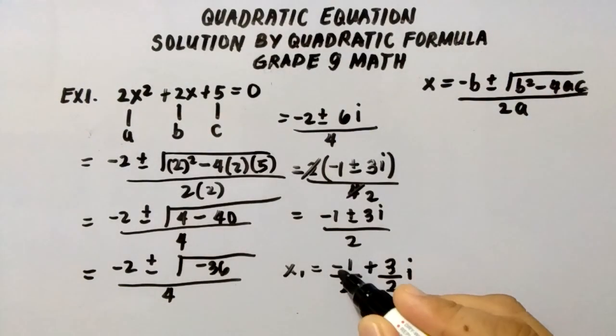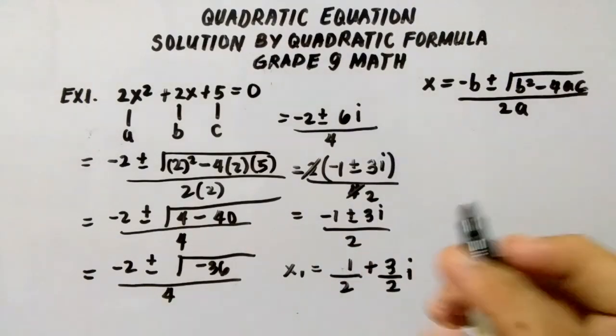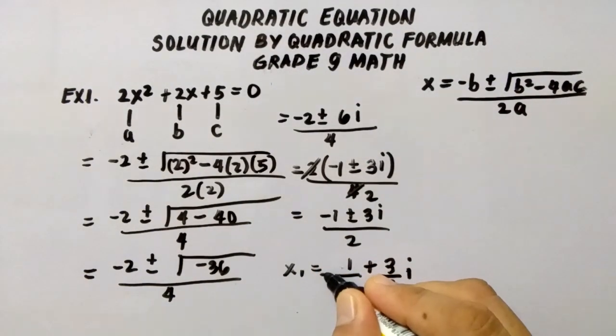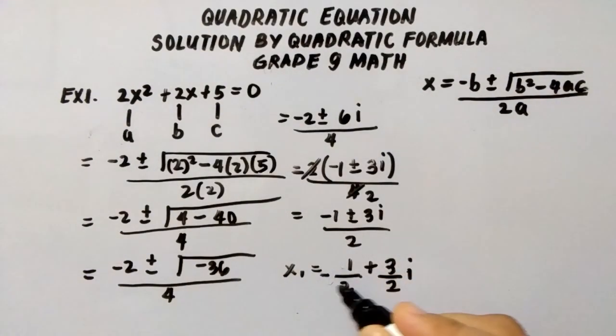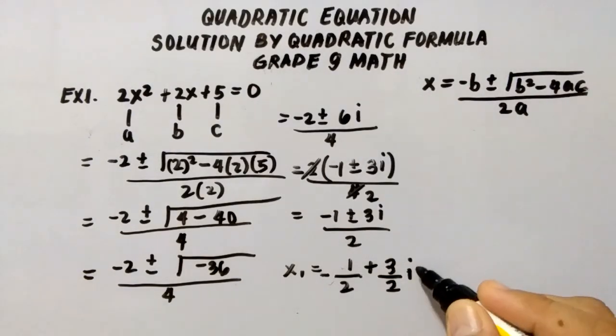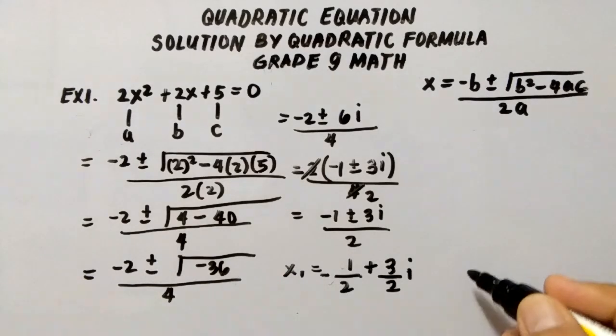So, ito pong negative sa taas ng 1, ilalagay po natin yan sa gitna. So, dito po. Okay. So, x of 1 is equals to negative 1 half plus 3 over 2i. Opo. So, ang ibig sabihin po ng I is imaginary number.